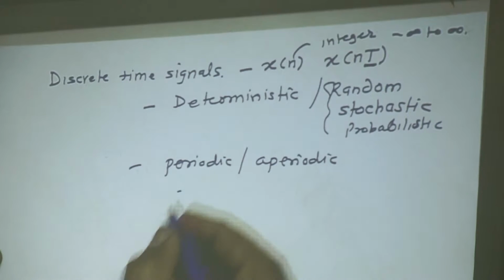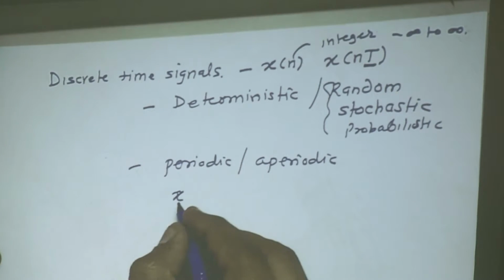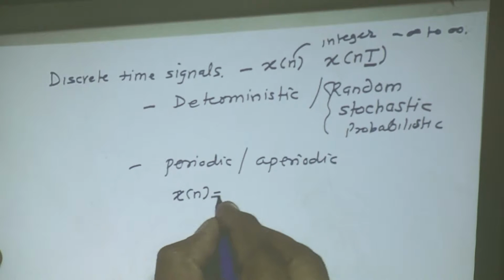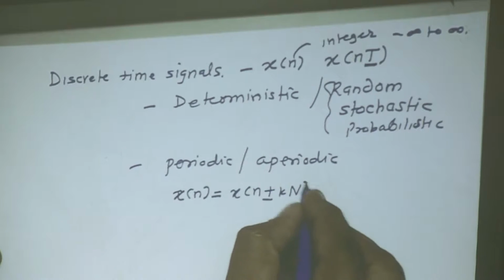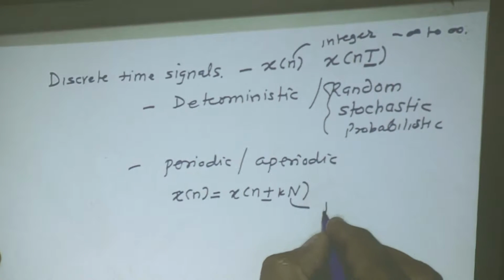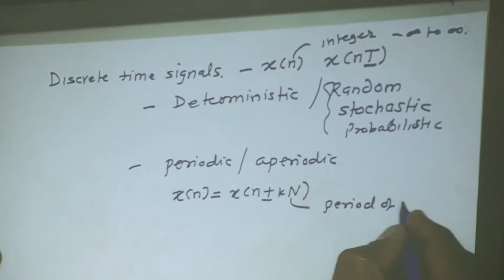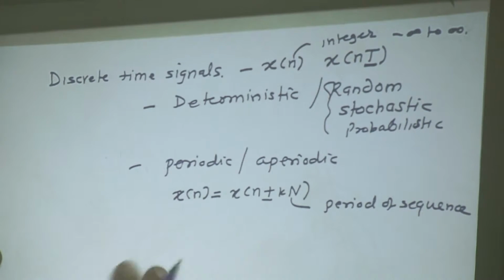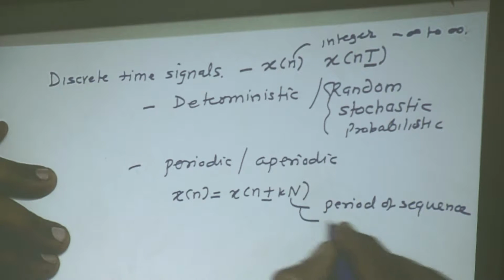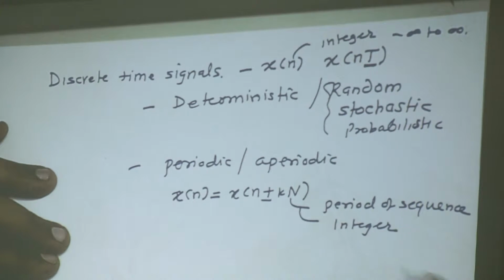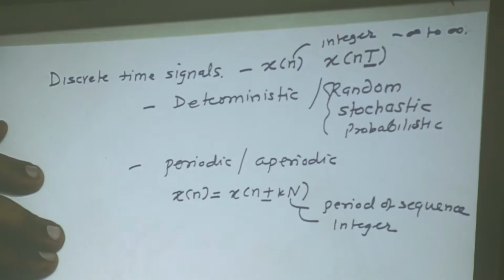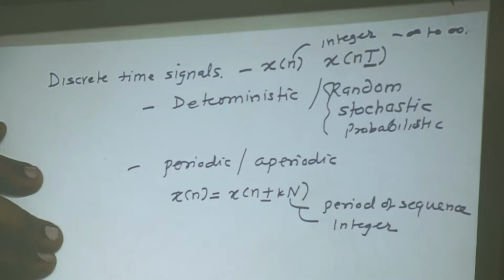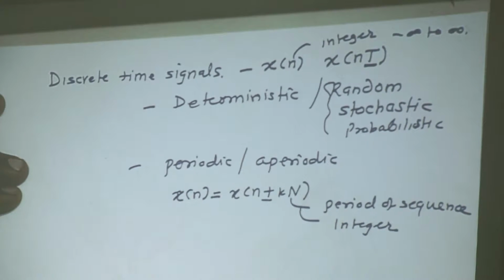Now periodic and aperiodic. Here x(n) is said to be periodic if x(n) is equal to x(n plus or minus kN), where N is the period of this sequence, and this period must be an integer. The period has to be an integer here because the repetition of the sequence cannot occur after 6.3 samples. The number of samples has to be an integer.